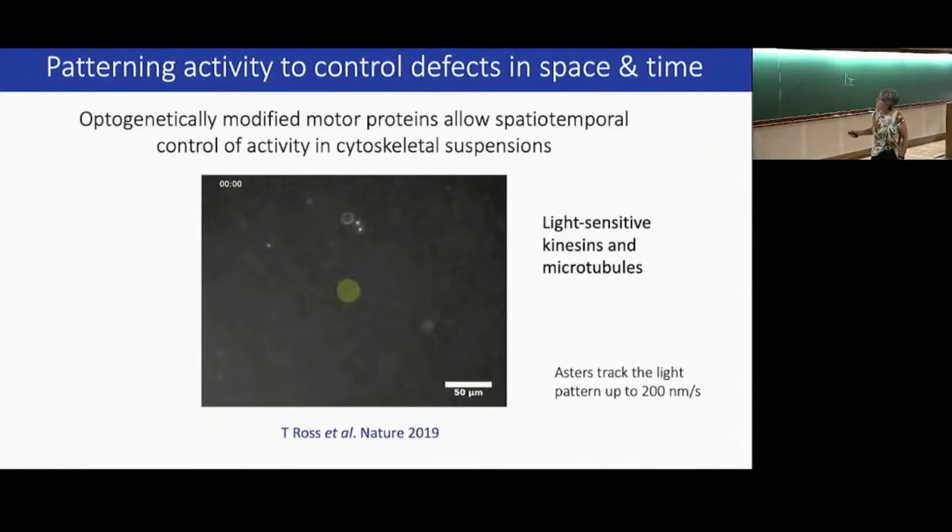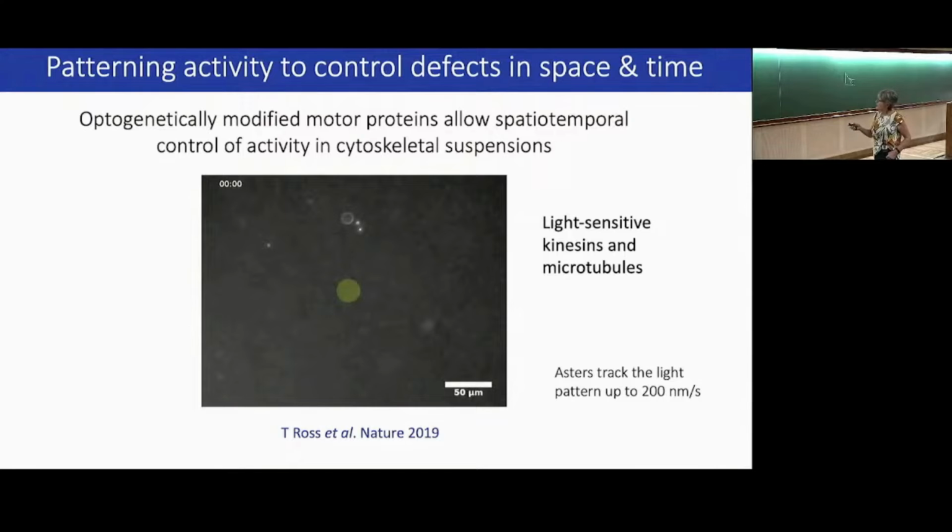One of the motivations for this comes from the fact that it's actually possible to control the spatial temporal distribution of activity, for instance, through optogenetically modified motor proteins, as in these experiments by Matt Thompson at Caltech. He has a microtubule kinesin suspension, but the kinesins are light sensitive.